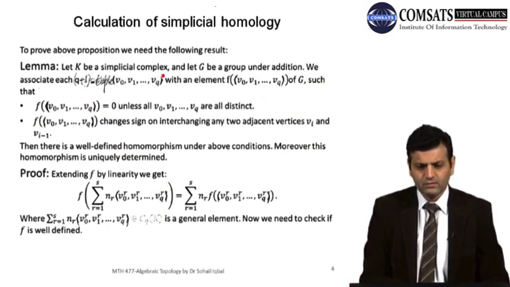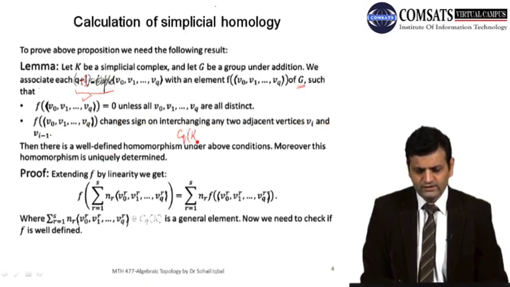If we have a simplicial complex and G is a group under addition, and we can associate with each Q plus 1 tuple an element of this group G, such that the image is 0 whenever we have repeated vertices, and this image changes sign on interchanging any two adjacent vertices, then there is a well-defined homomorphism from CQK to G which satisfies these two conditions.